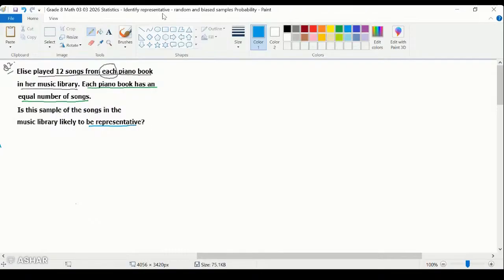Yes, it is representative because each piano book has equal numbers, right? So what they are referring to is they are choosing from the entire group, right?